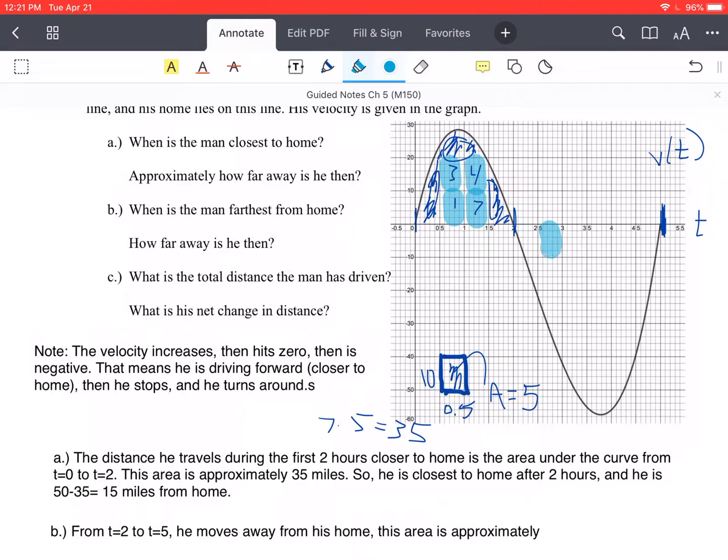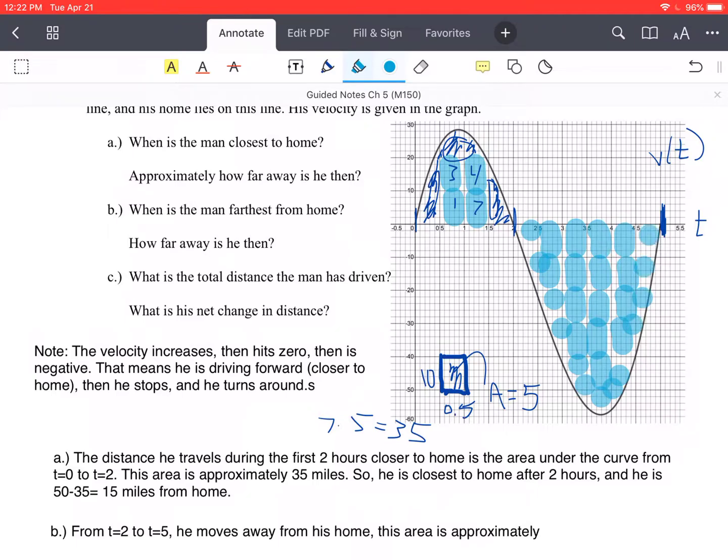So we've got 1, 2, 3, 4, 5, 6, 7, 8, 9, 10, 11, 12, 13, 14, 15 whole boxes here. So that's already putting us at 75. And then we've got the fractions of all these little pieces to take care of.